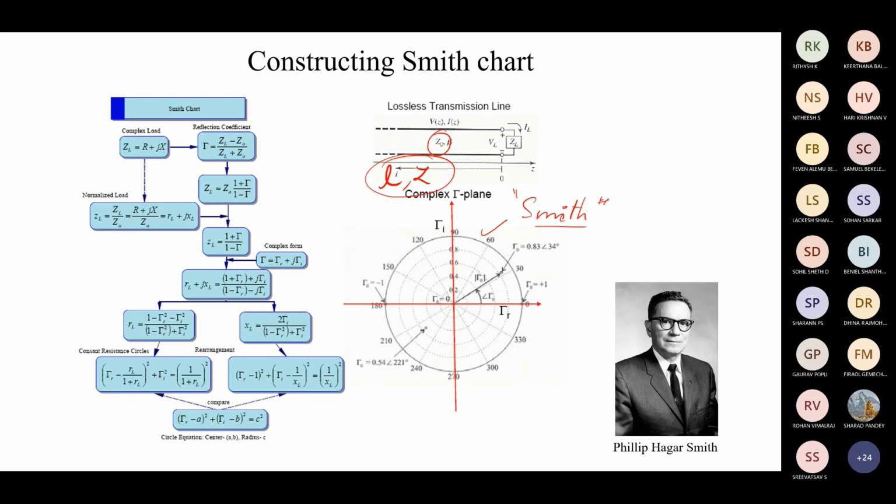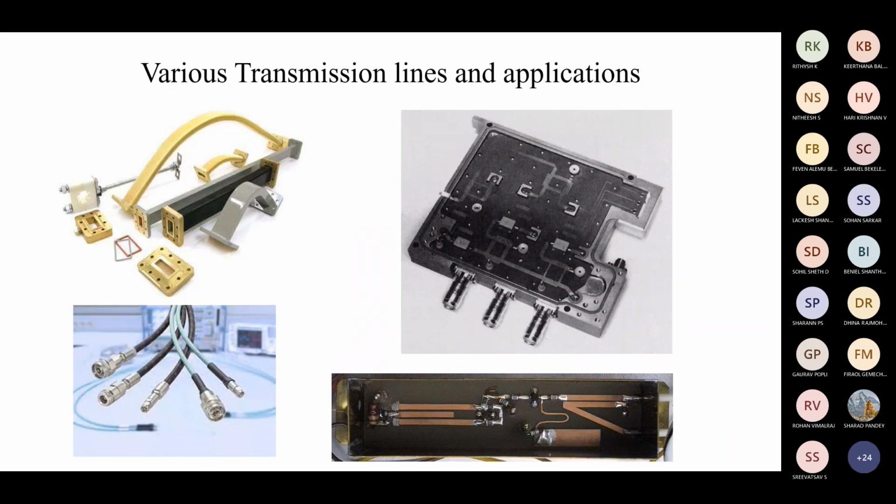We will see how the Smith chart comes into the picture, and we will see different types of transmission lines. One of the famous ones you have already seen is the coaxial cable, which you have seen in the labs. As the size goes bigger and bigger, the operating frequency is limited by a cutoff frequency, to low frequencies.